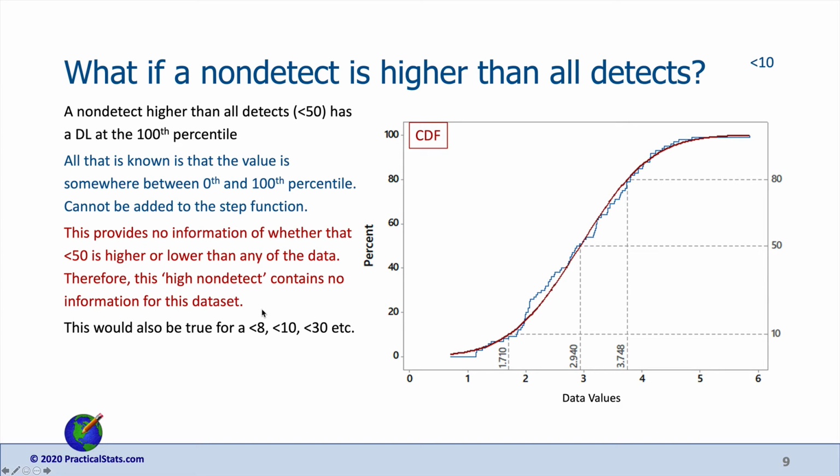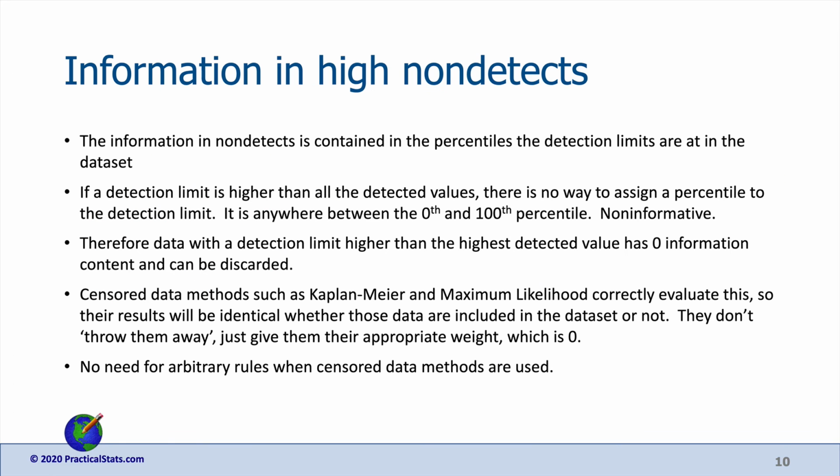And this is a picture of the information content in the data. Based on science, you can say that if your detection limit is higher than the highest of all the detects in that data set, then it has 0 information content for that data set. The information in nondetects is contained in the percentiles that detection limit represents in the data set.